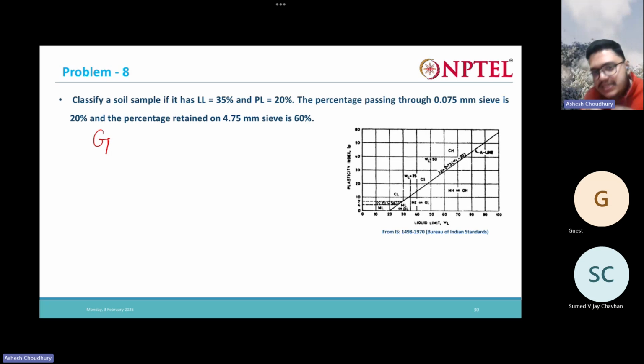Then we have to decide whether the suffix is either C or M. So here the fine fraction is 20%, greater than 12%, so it will be either GC or GM. Now decide whether it is GC or GM. You do that.